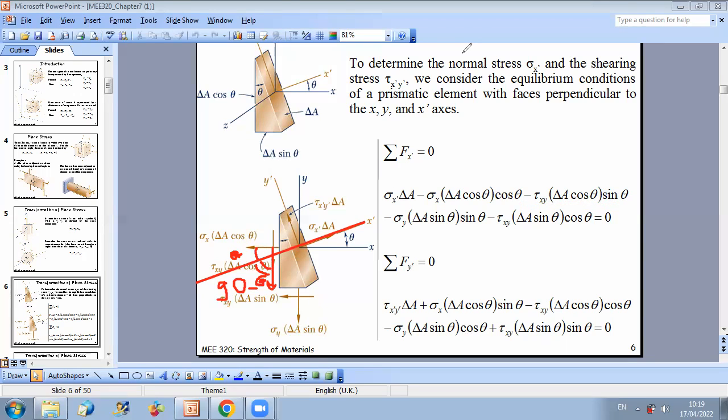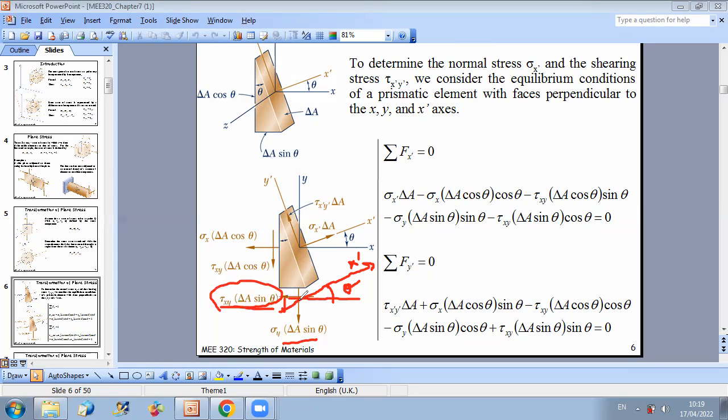We still have the projection of these two forces. Again, this is the x prime direction. X prime makes an angle with the horizontal of theta. So when you project the shear force along this plane, you should multiply by cosine of theta.